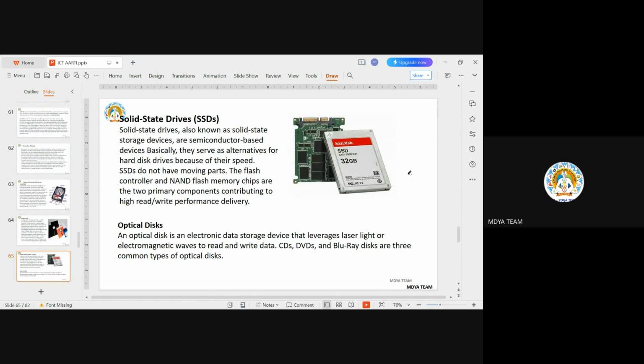They are very light because of the SSD. That's why their weight is less, and their speed and efficiency are also more than other devices. This is the basic difference between SSD and hard disk drive.